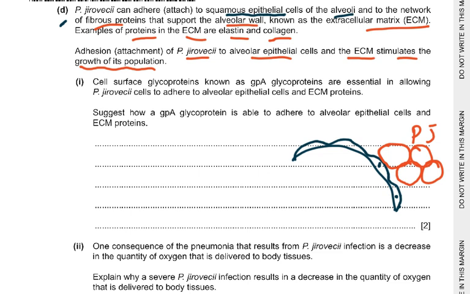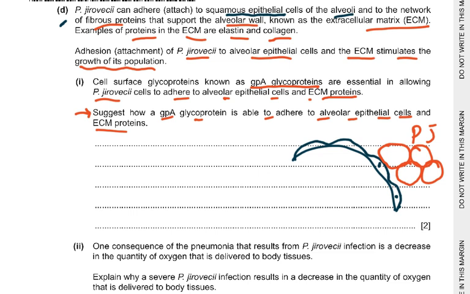Cell surface glycoproteins known as GPA glycoproteins are essential in allowing P. jirovecii cells to adhere to alveolar epithelial cells and ECM proteins. Suggest means give me a possible explanation how a GPA glycoprotein is able to adhere to alveolar epithelial cells and ECM proteins. It's very easy. GPA glycoprotein binds to a receptor.